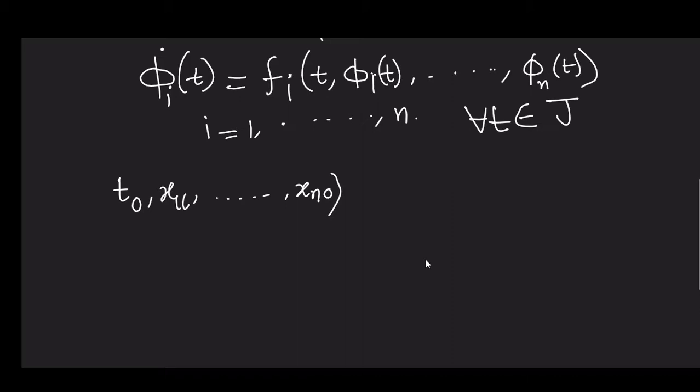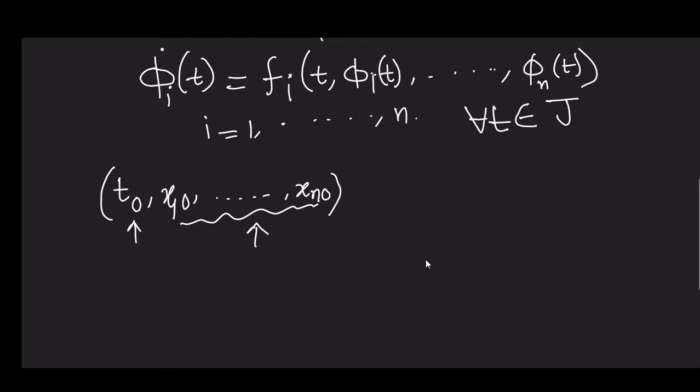My handwriting is poor, so you may get confused that I am writing O, but that is not the case. So this is the initial time, and these are the initial states.